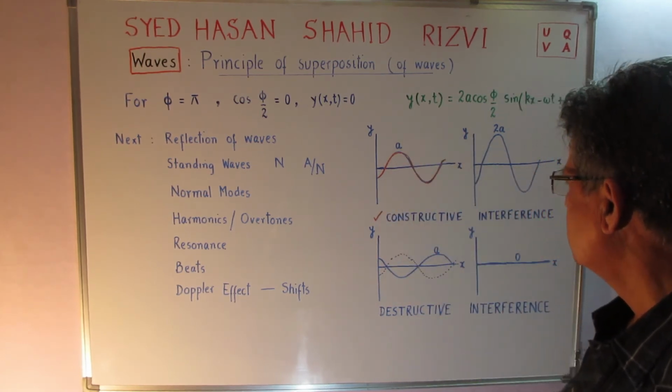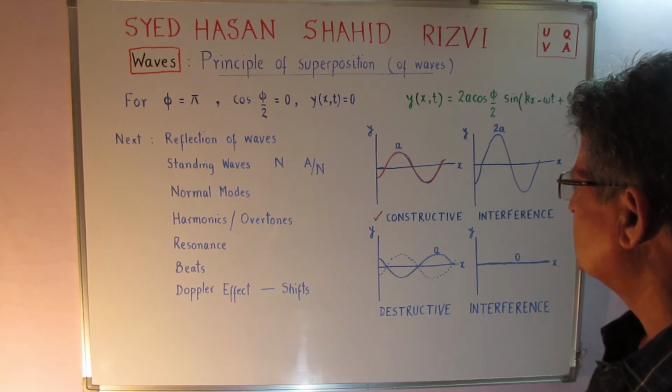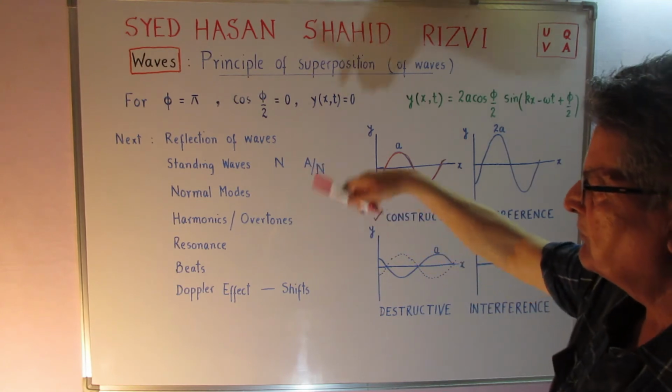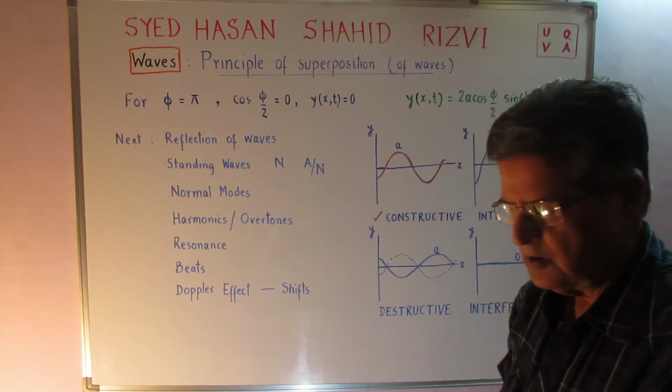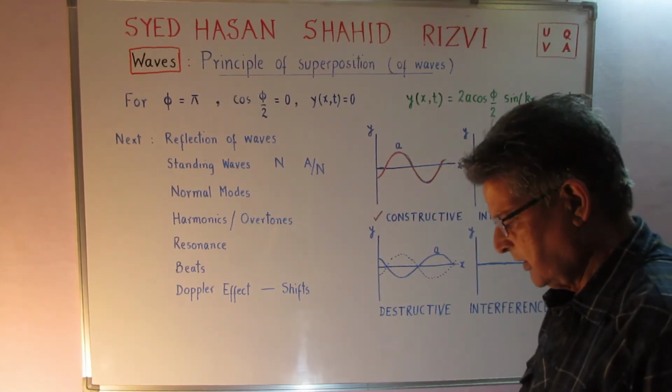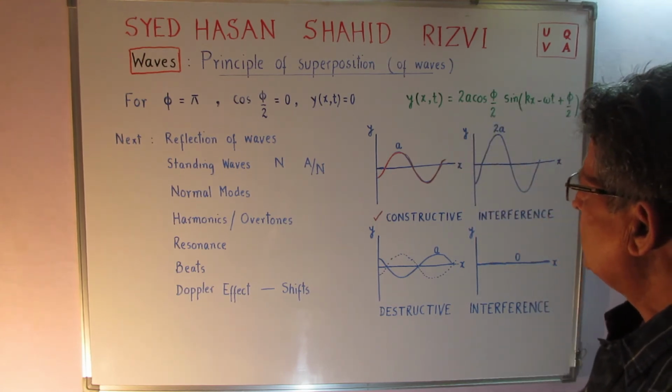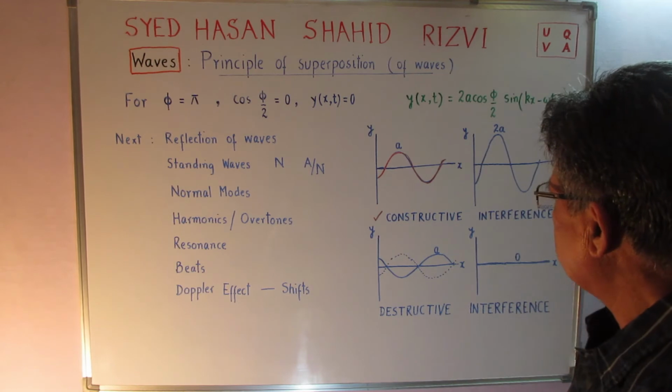In light and in electromagnetic radiations, we also talk about constructive interference. The same mathematics is done there, and we obtain the condition for when constructive interference occurs.